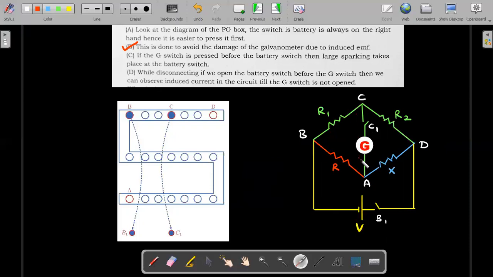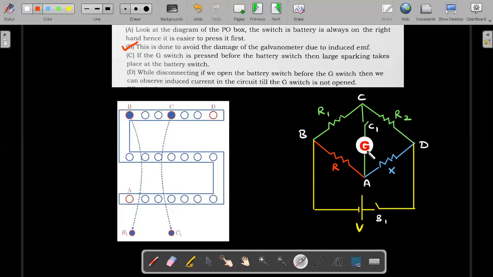So when you are closing, always close the battery first, and then the galvanometer. When you're opening, again, if you open the battery first, the galvanometer is still in the circuit. So whether it is closing or opening, the thumb rule is that the galvanometer should not be a part of the circuit.